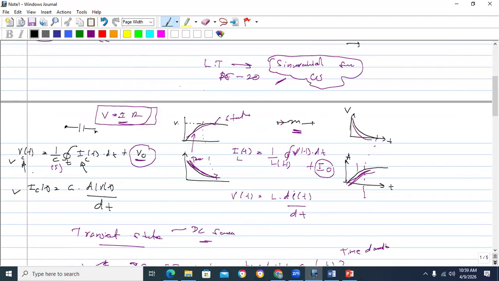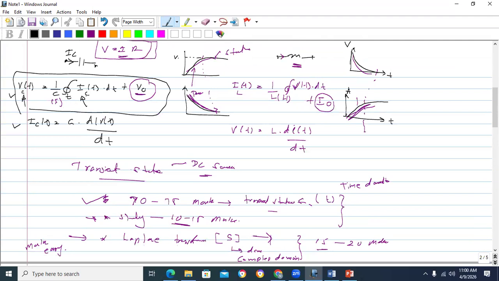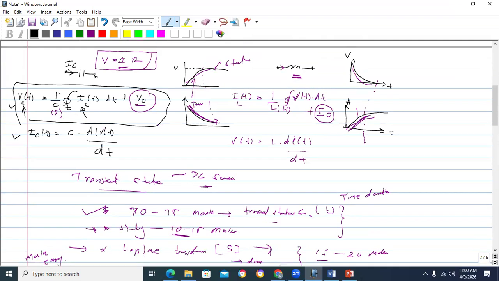So I use this equation, where IC is flowing into the capacitor in this way. So it is charging. When it is discharging, this IC is flowing from the capacitor. So for the discharge, when you are writing this, that means the IC is flowing from the capacitor.